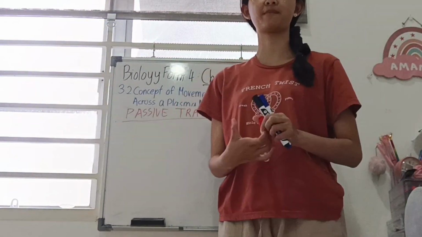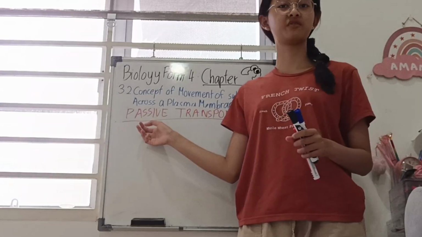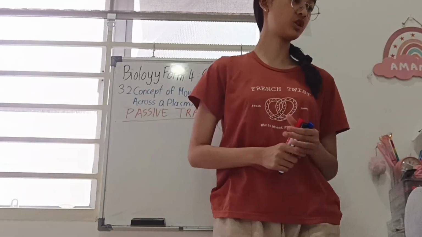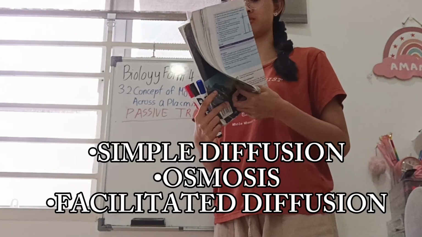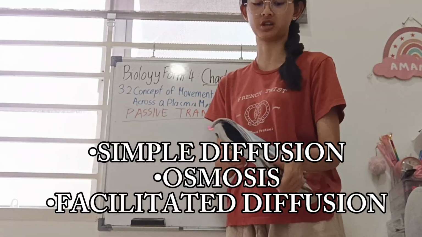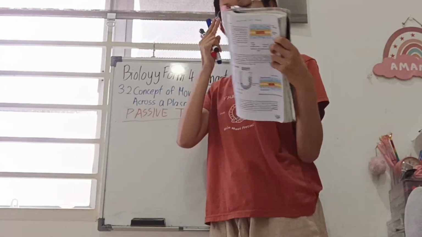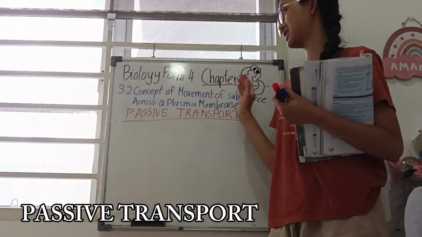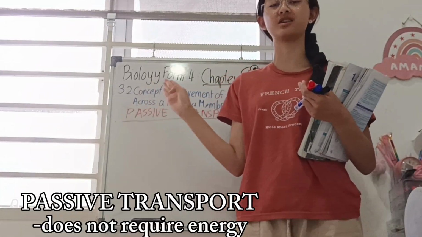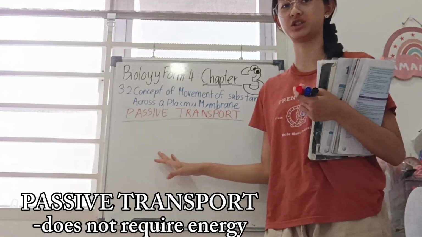Okay, next in the subtopic is about passive transport. For passive transport, there are three: simple diffusion, osmosis, and facilitated diffusion. Basically, passive transport is transport at the cell membrane that does not use energy. No ATP is used.